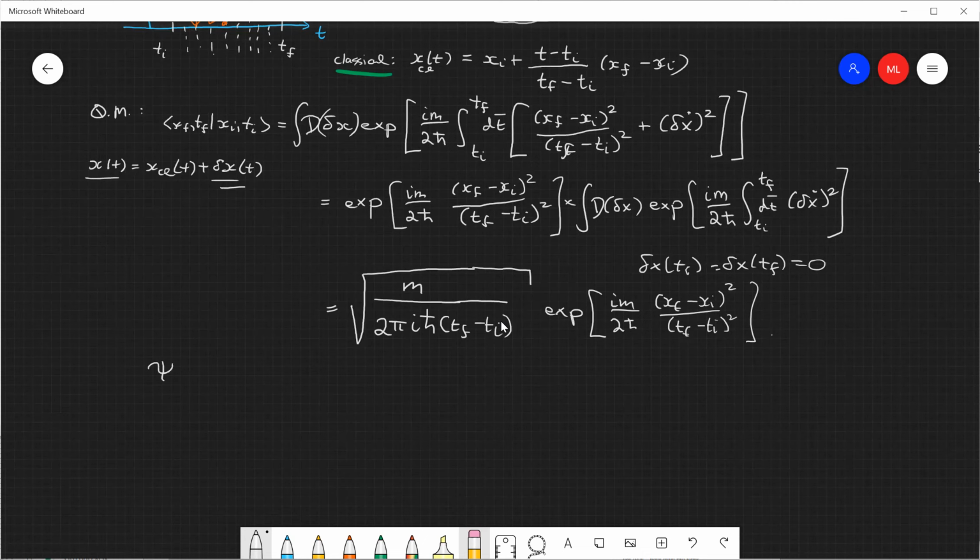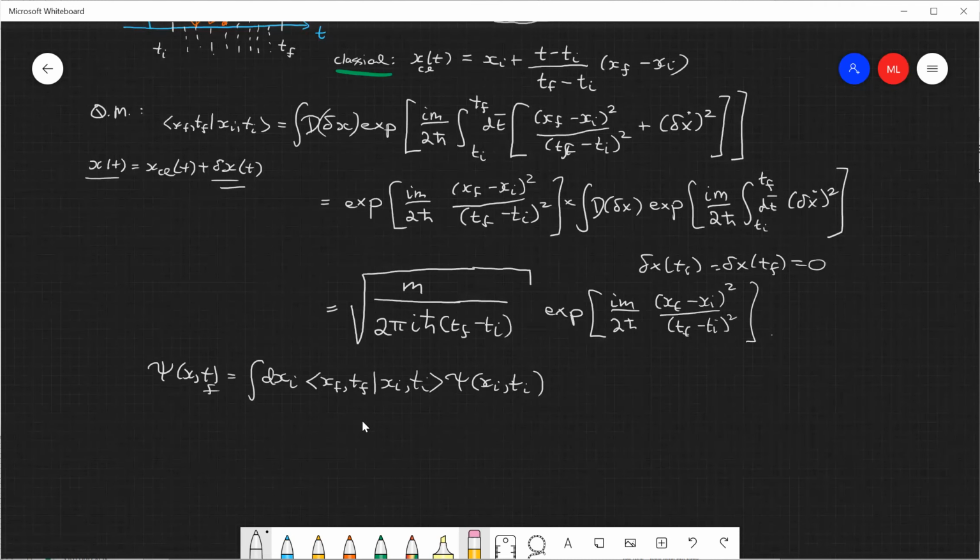Now you can use this to evolve any initial wave function that you had. You can evolve it to find what happens to it under free particle evolution. You could take this result and integrate it over all the initial states. You could take this thing, x_f, t_f, this exact expression that we just derived, and figure out what the wave function is doing after, if you started out initially as whatever your initial condition is.